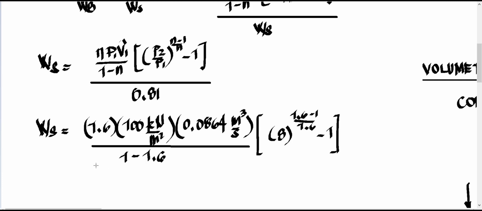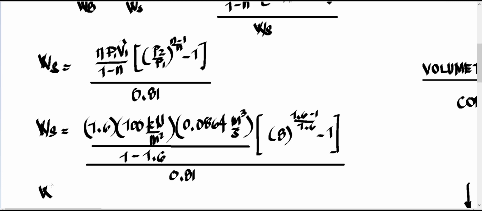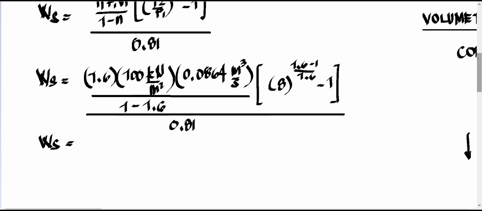Then all over the equation is divided by 0.81. Now, using your calculator, the work of the compressor, or the indicated work happening inside the cylinder-piston arrangement, has the value of 27.21 kilowatt.